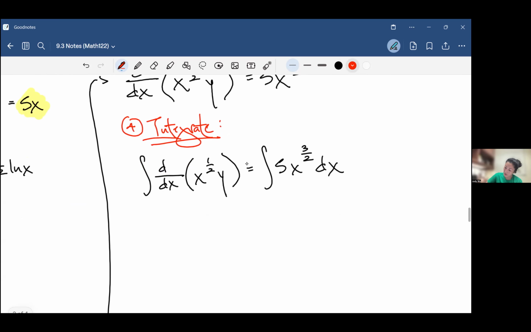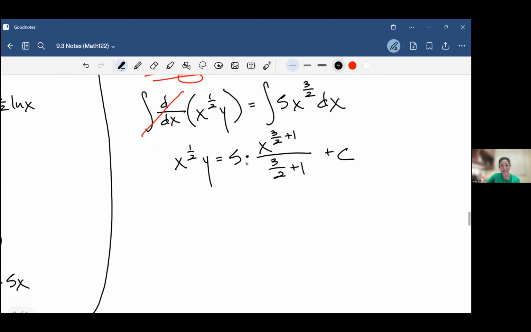All right, these two cancel, so I get x to the 1/2 y equals 5 times x to the 3/2 plus 1 over 3/2 plus 1 plus c. Okay. Now let's take it piece by piece. We're going to add some things. We get x to the 1/2 y equals 5 times x to the 5/2 divided by 5/2 plus c.